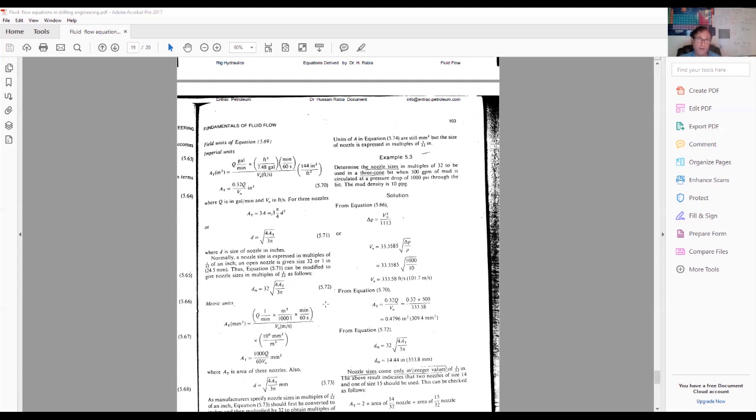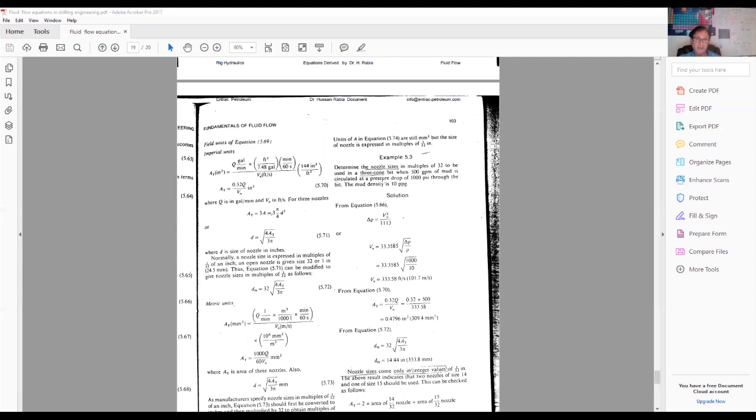So if you get, say, 0.2, then 32 times 0.2, you would get 16 point something. So we get rid of the fractions and we get the nozzle size in terms of 32nds, such as 16.